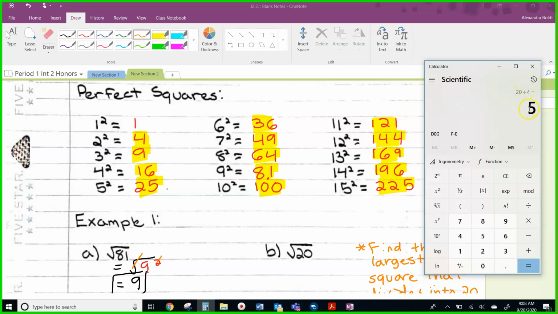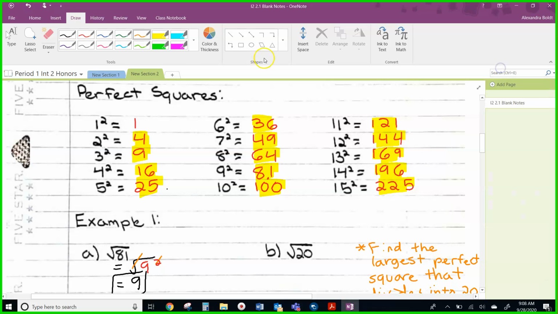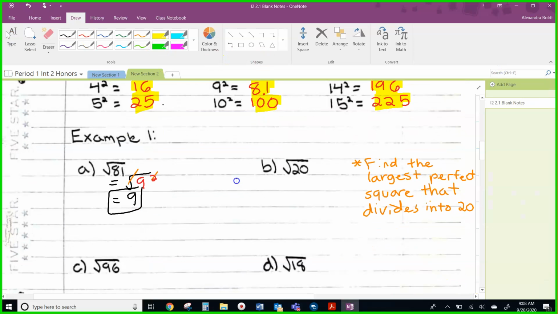Oh, 20 divided by 4 gives me 5. Okay, 20 divided by 4 equals 5. So I found a perfect square that divides into 20.